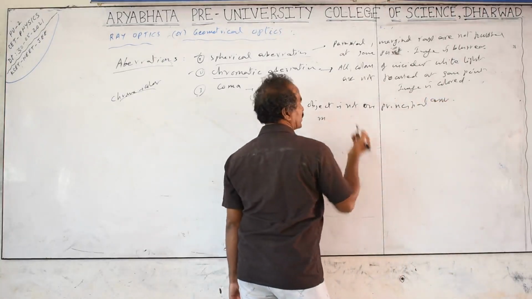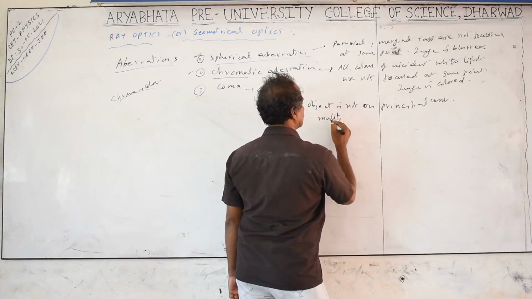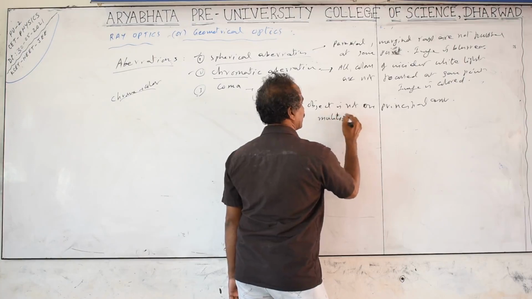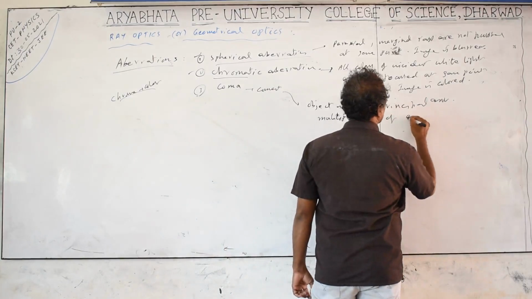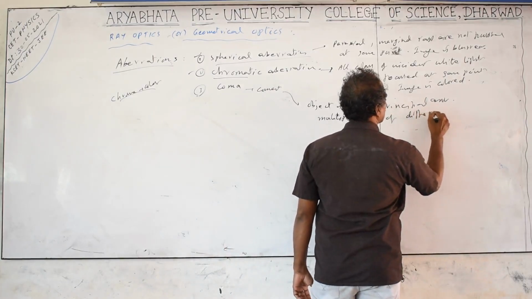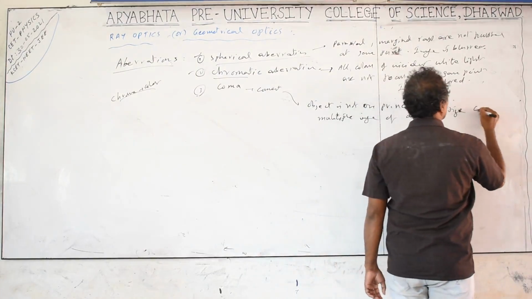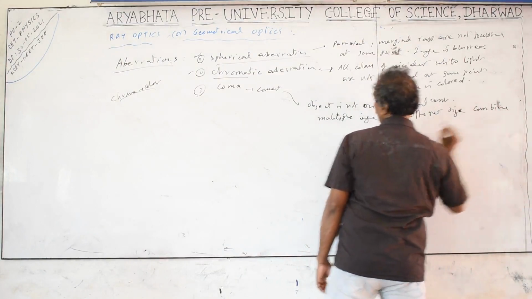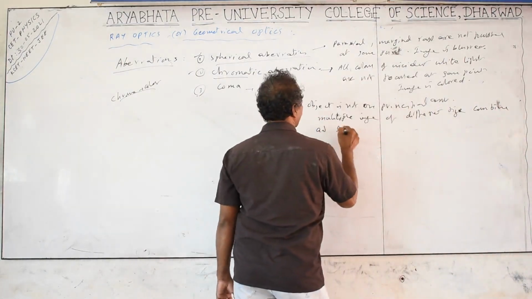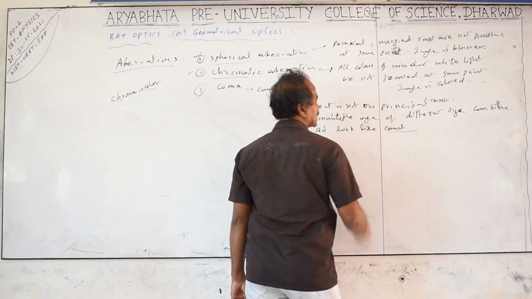Multiple images of different sizes are formed, they combine and look like a comet. That is why the term is called coma.